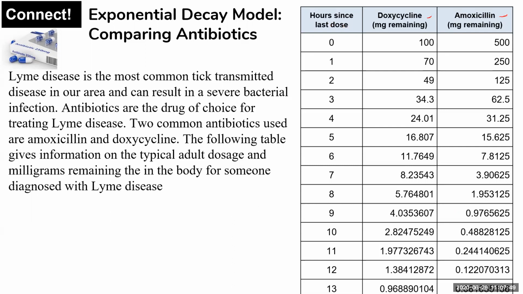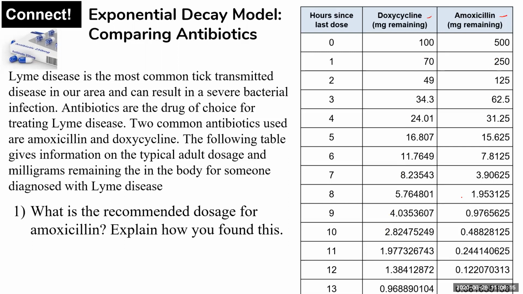The initial dosage for doxycycline is 100, and the initial dosage for amoxicillin is 500 mg. Now, what do you see? You realize that it decreases as the hours increase. So when you take it, the potency of the medication keeps dwindling, right? It keeps going down.